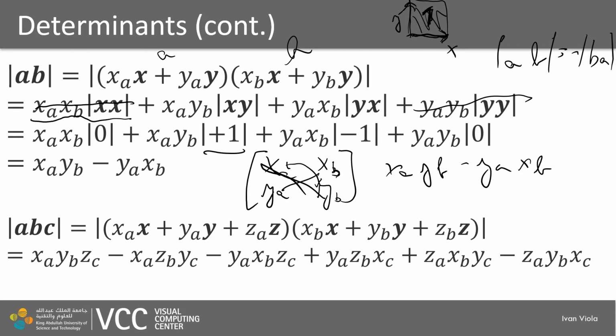Similarly, we can calculate what is the signed volume of ABC if we write our determinant calculation in the form of 3 dimensions.